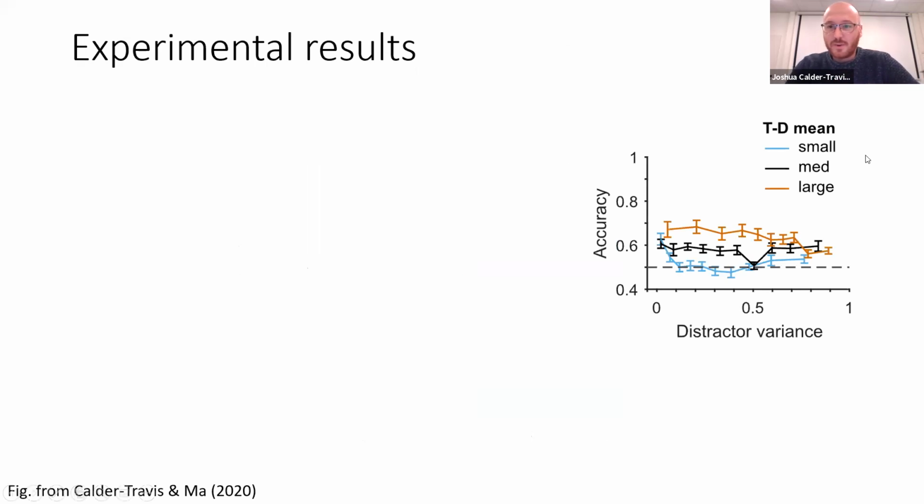We had a look for these patterns in our data, and on this plot we've got accuracy on the y-axis and distractor variance on the x-axis. We binned the trials into 3 bins according to target to distractor mean difference, and they're shown in the different colors here.